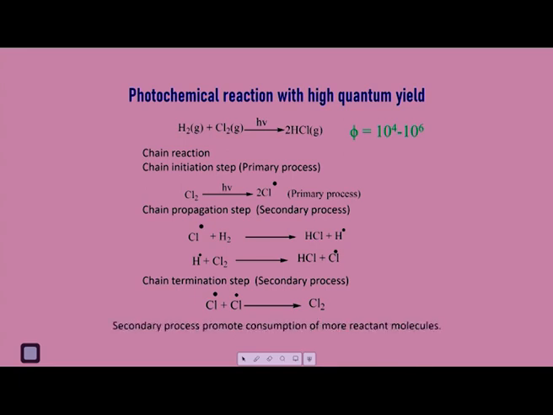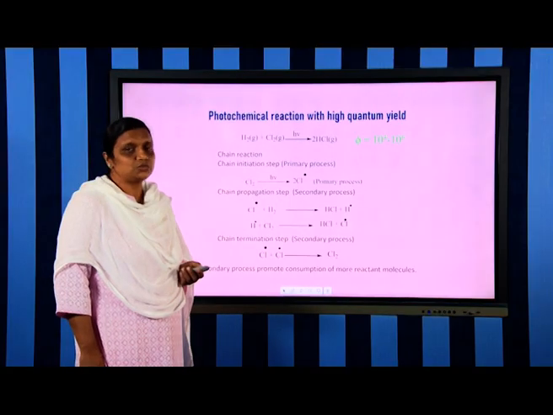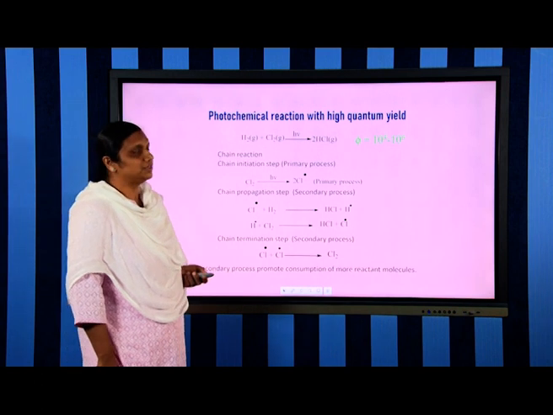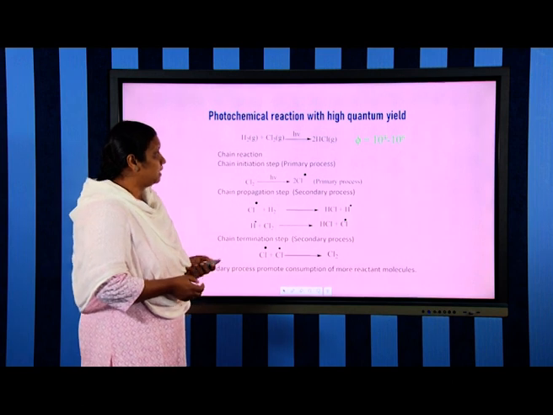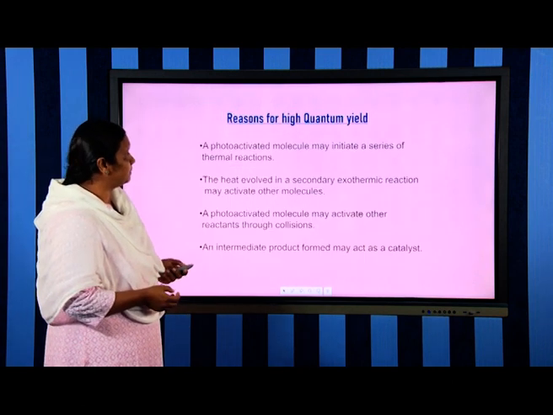So, here the secondary process promotes the consumption of more reactant molecules. That is why the yield of this reaction is very high. The product formation is very high, hence we have high quantum yield.